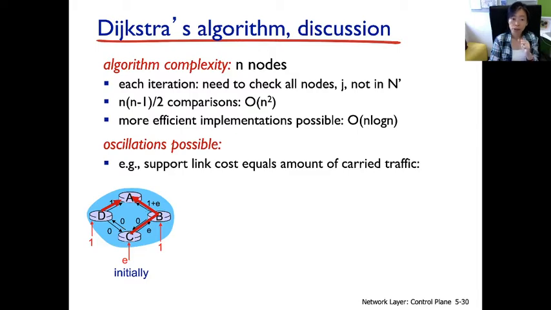And at this point, we need to update the link cost based on the traffic going on the link. For link DA, the amount of traffic is one portion. For link BA, the amount of traffic is what? One portion plus the epsilon portion from C. So total cost, 1 plus epsilon.